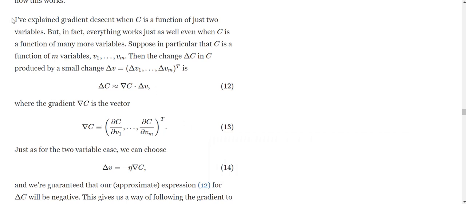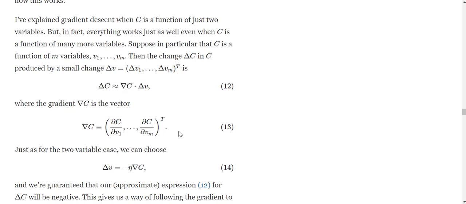I'll restart from here. I've explained gradient descent when C is a function of just two variables, but in fact everything works just as well when C is a function of many more variables. Suppose in particular that C is a function of m variables, then the change delta C in C produced by a small change delta V is approximated by this, where the gradient of C is this vector.